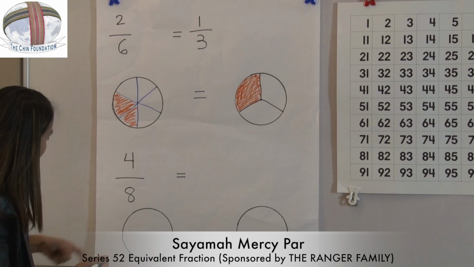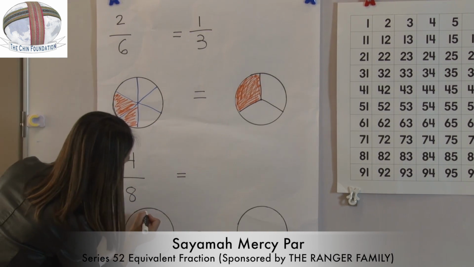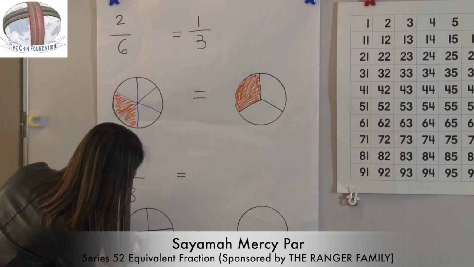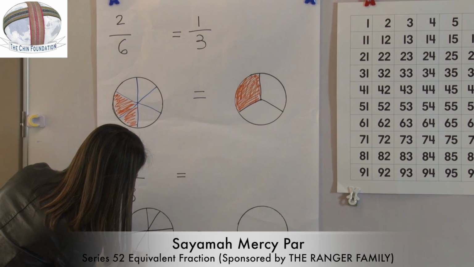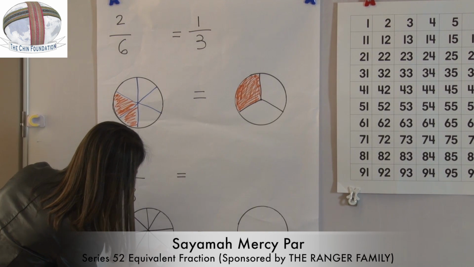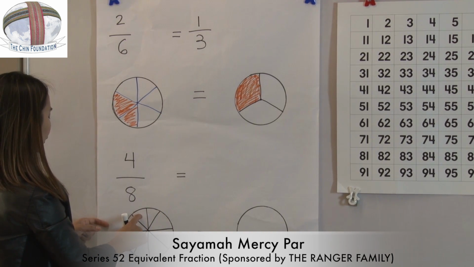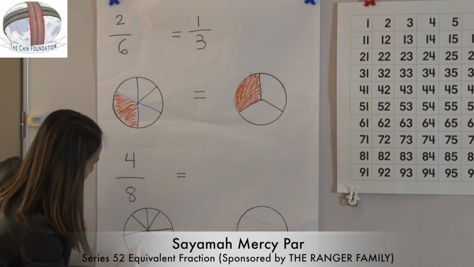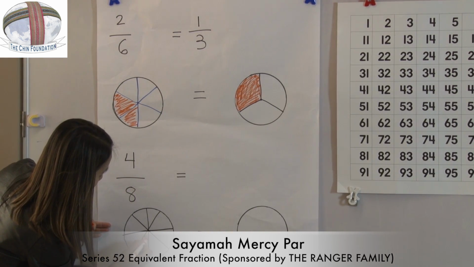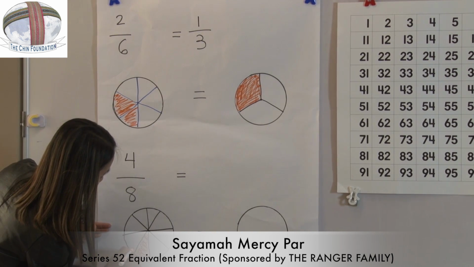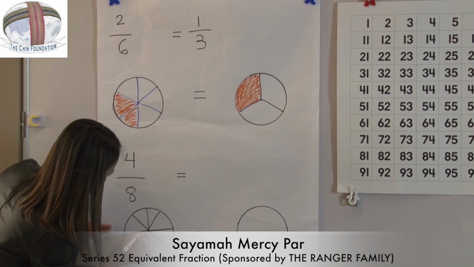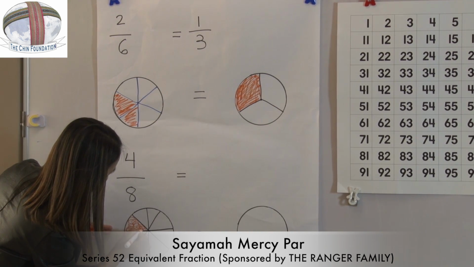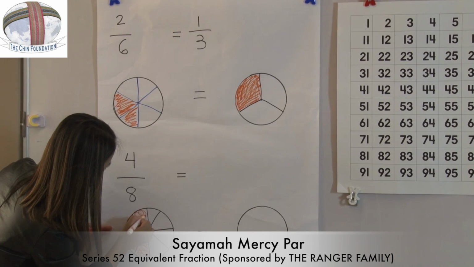Let's practice some more. This is 8 out of 4. 1, 2, 3, 4, 5, 6, 7, 8. Need to shade it 4 parts. 1 part. 2 parts. 3 parts. 4 parts.